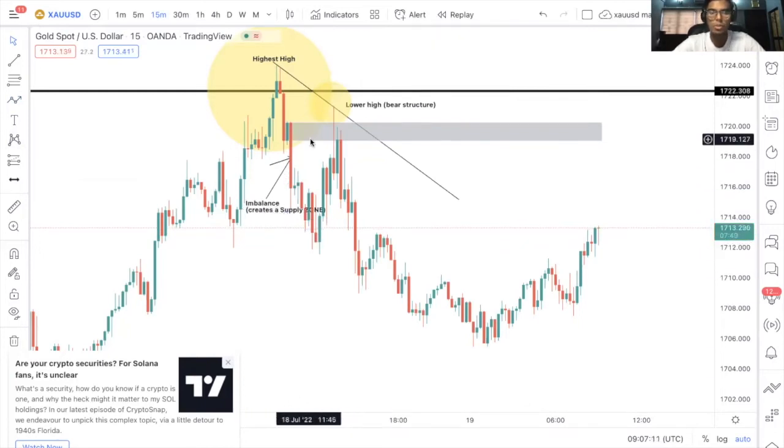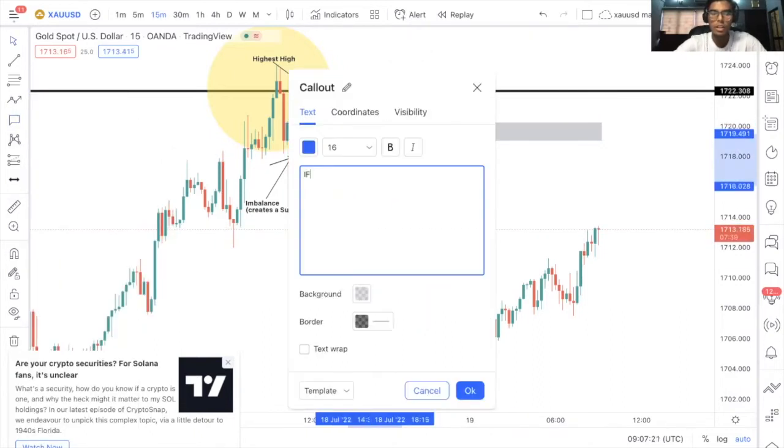All right. So the rule for a supply zone is, if candles close above the zone, which is the gray box, the supply will not be valid.